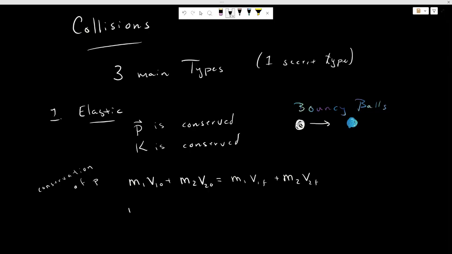And then we also get 1/2 m1 v1 initial squared. Oh, and keep in mind these are vectors, because that actually matters a lot for these. All right, 1/2 m1 v1 naught squared plus 1/2 m2 v2 naught squared. Of course, kinetic energy is 1/2 mv squared. However, these are not vectors, because when we square them, we get rid of the directionality. And also, energy is a scalar anyway.